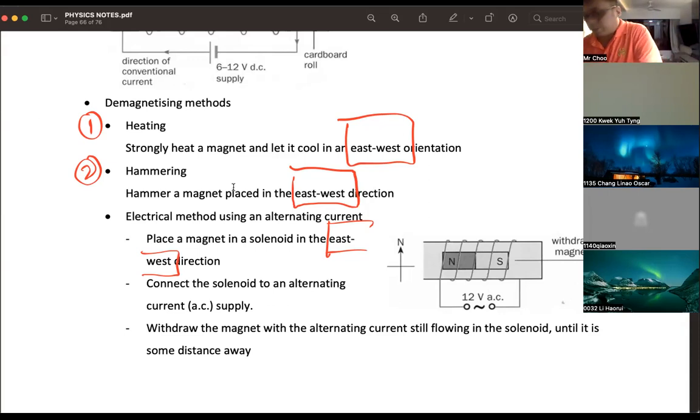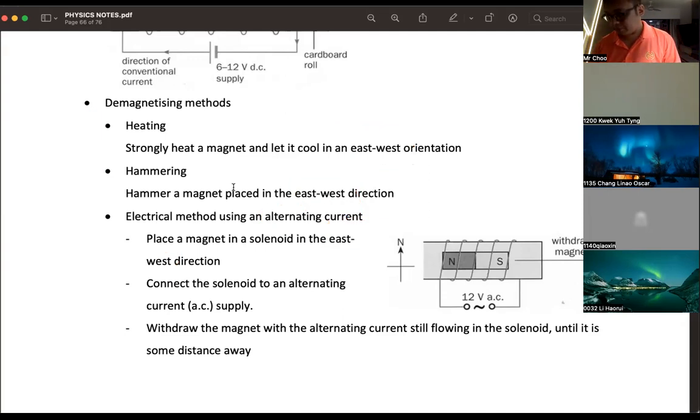Okay, the third method. Previously, to make your material a magnet, you used a DC current, where the current only moves in one direction. So if you want to use an electrical method to demagnetize, you have to use an alternating current. Can you see that? Okay, you must use an alternating current.